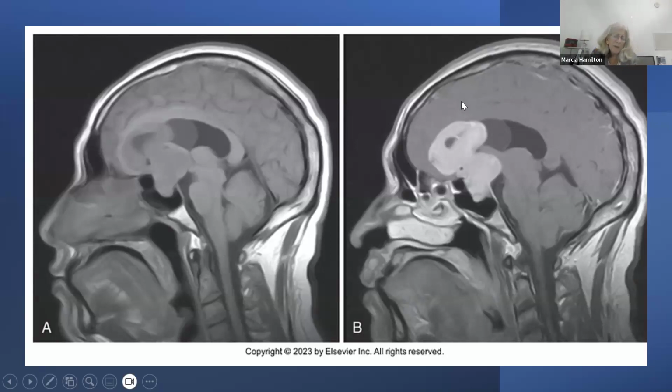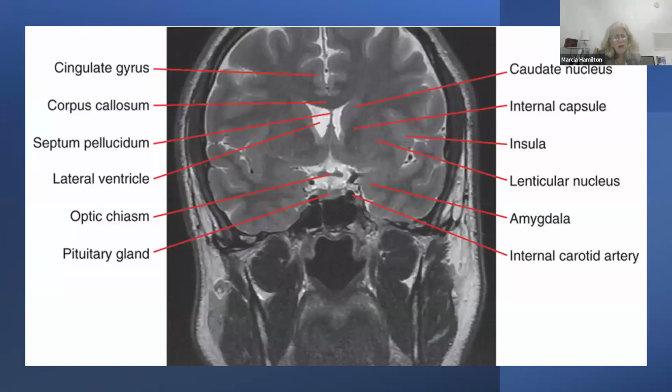But what is true about this is they're using contrast dye on this side, and this is showing a tumor. So you can see where the tumor is and how it's putting pressure on the optic nerve. So that's a pituitary tumor. So we can get a bigger understanding of why somebody may be having visual problems such as this.